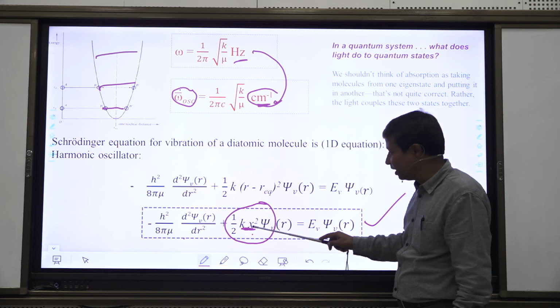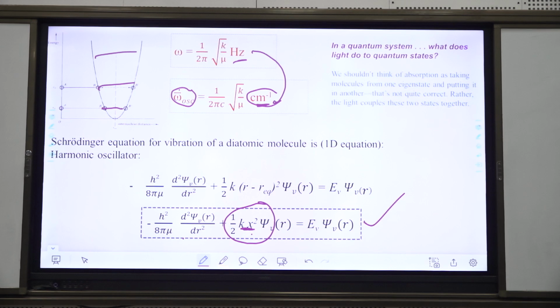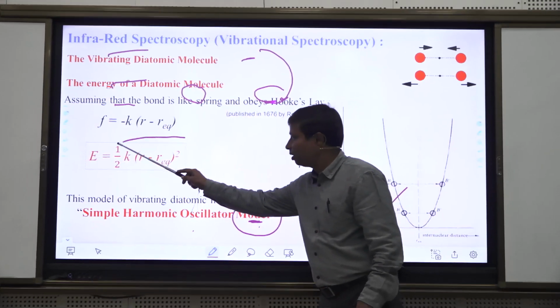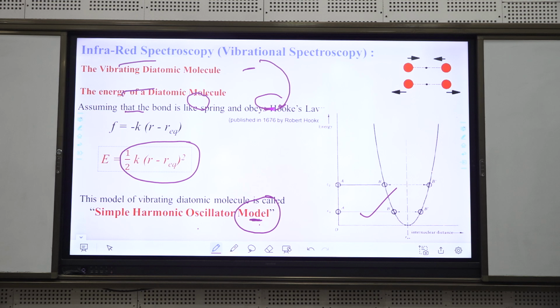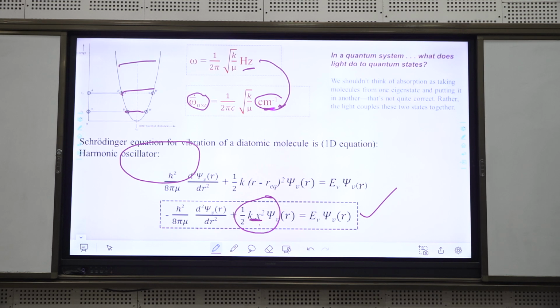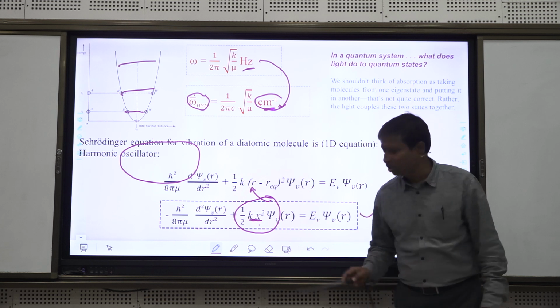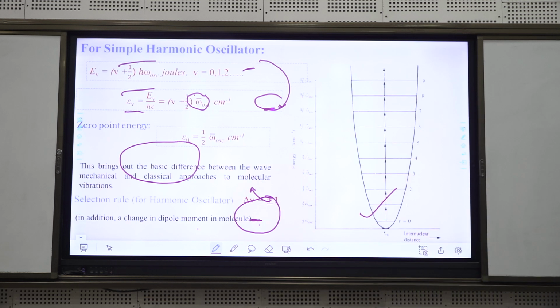In the last slide we have seen that the energy term is this one, so we have to replace it there. Then the solution of the Schrodinger equation gives you the energy levels.